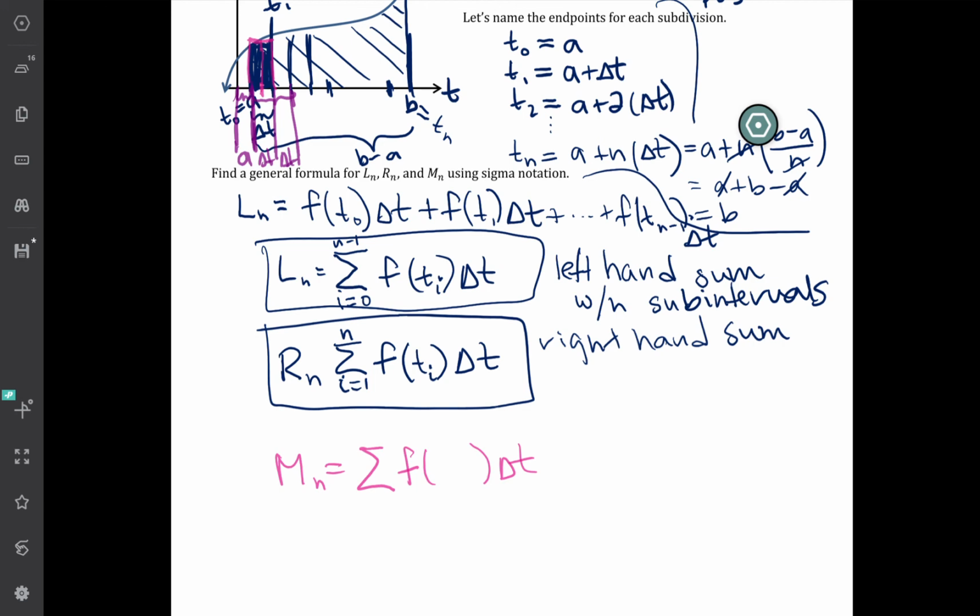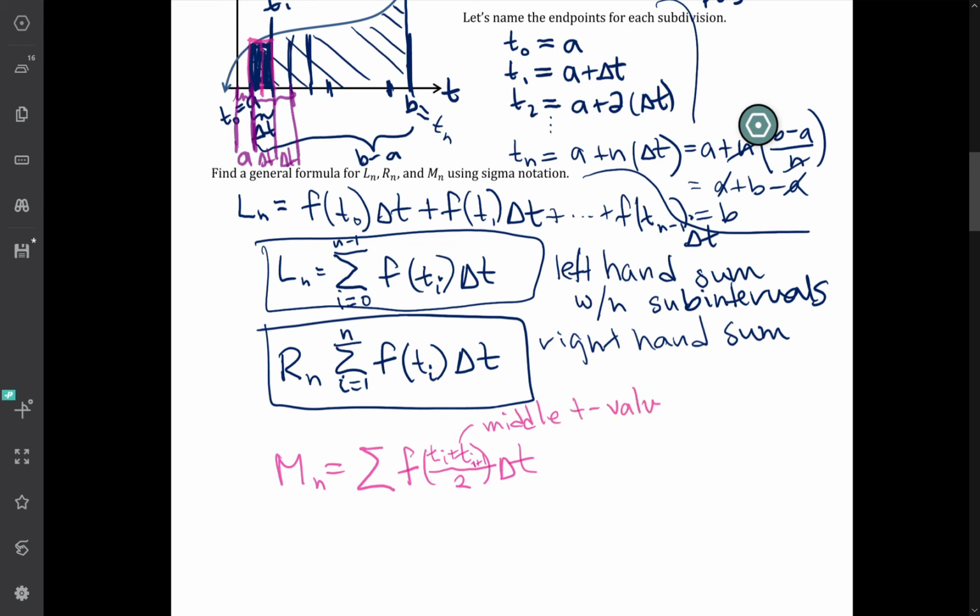The something is actually, for the first rectangle, the t value directly in the middle. So we'd want the average of t sub 0 and t sub 1. So we could say something like, if we start with t sub i, we want to add t sub i to t sub i plus 1. So we want to take two consecutive t values and average them. That'll give us the midpoint. So this is the middle t value.